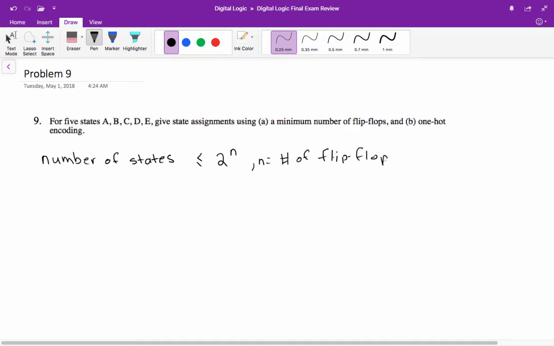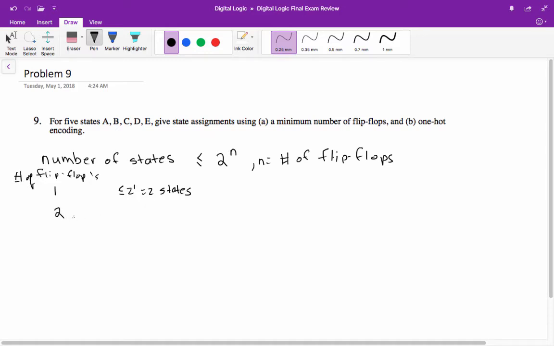So let's see what I mean by that. If I have one flip-flop, then I can have less than or equal to 2 to the 1 equals 2 states.